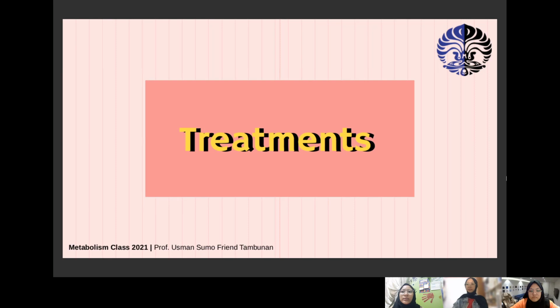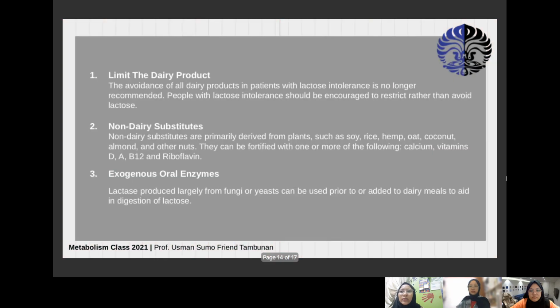Next are treatments for lactose intolerance sufferers. The first one is to limit dairy products. The avoidance of all dairy products in patients with lactose intolerance is no longer recommended. People with lactose intolerance should be encouraged to restrict rather than avoid lactose, for example by consuming low-lactose milk.